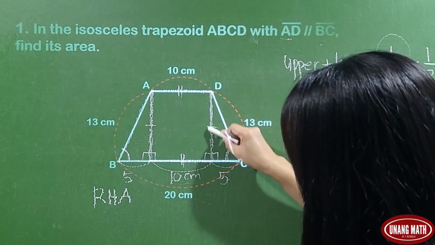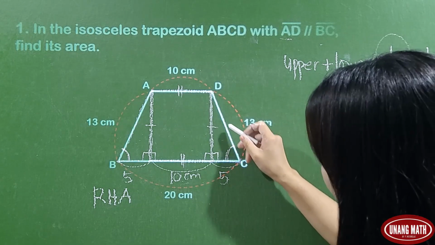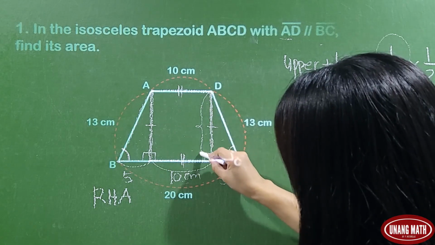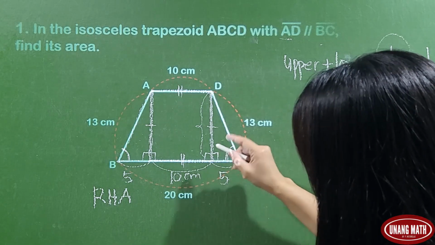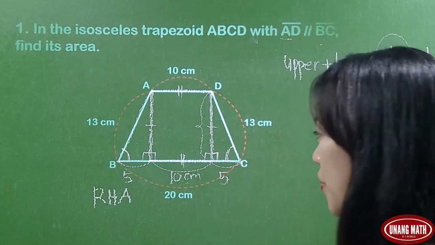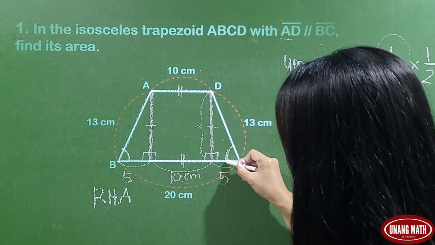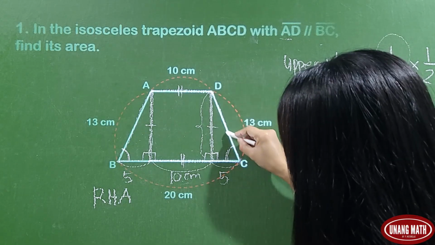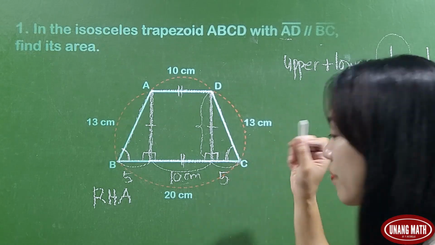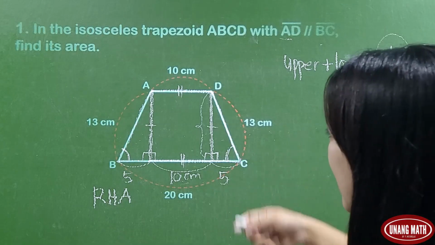So, since this is a right triangle, we can now find the length of this side of this right triangle. We can now use the Pythagorean Theorem because we know the lengths of two sides of a right triangle.